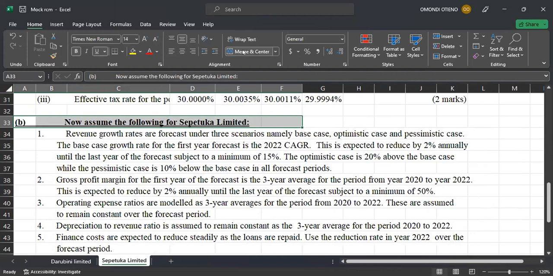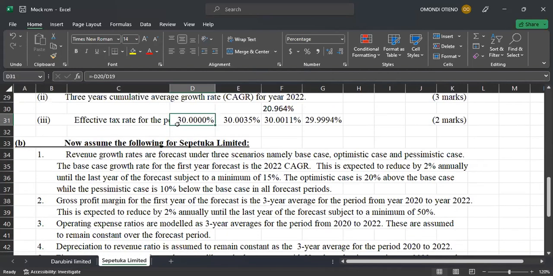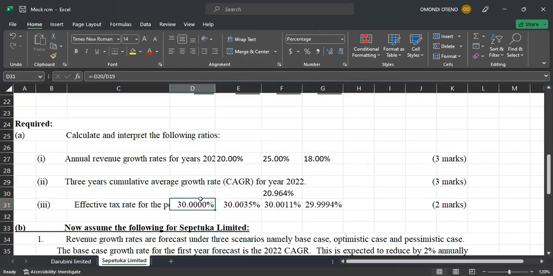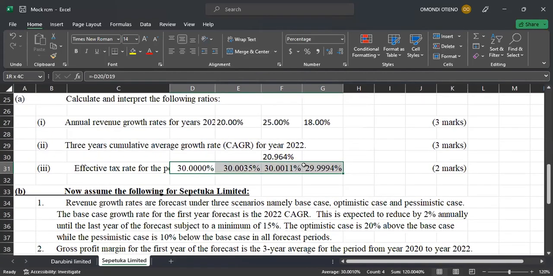Somebody is saying the tax part has a problem. Repeat on the tax. Please get that tax again, Omondi. To get tax, you take the tax paid and divide by PBT. Which ratios do you want us to interpret here?